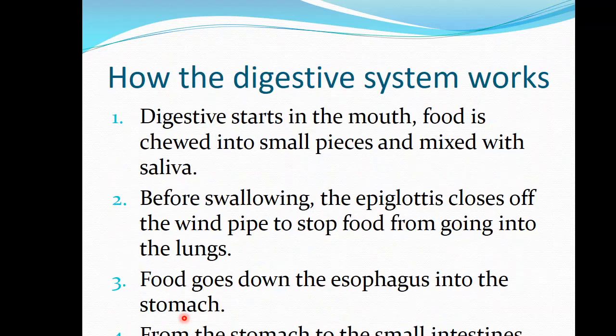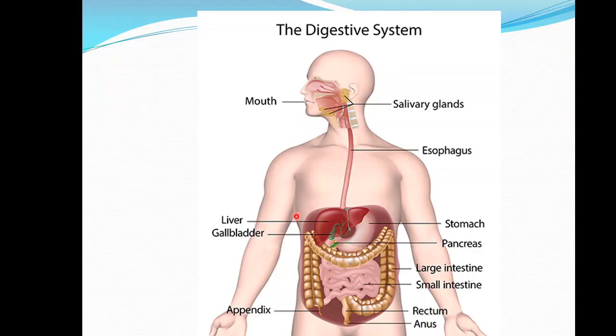Are we clear? So what happens? Digestion starts in the mouth, where the teeth crush the food into smaller pieces and mix it with the saliva produced by the salivary glands. Before swallowing, the epiglottis closes the windpipe to stop the food from going into the lungs. Then it passes through the esophagus and goes into the stomach.